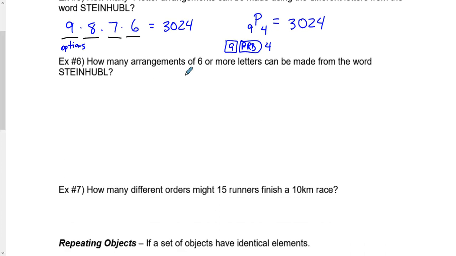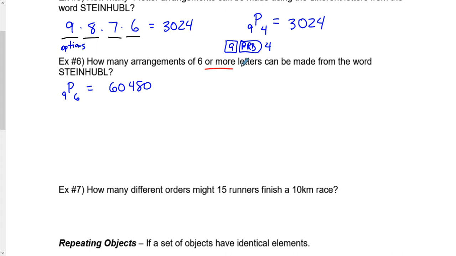Now, how about if we had to change this question to be how many arrangements of 6 or more letters can be made? Well, that's actually pretty easy. How many ways can we use 6 letters? Well, that's just going to be 9P6, which is 60,480.